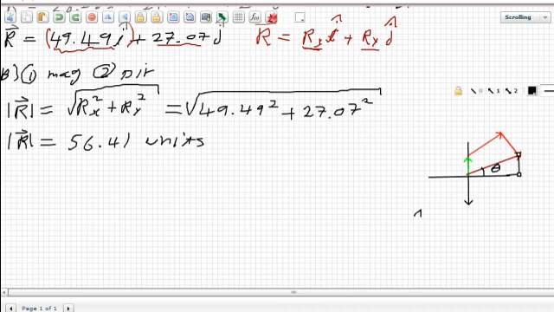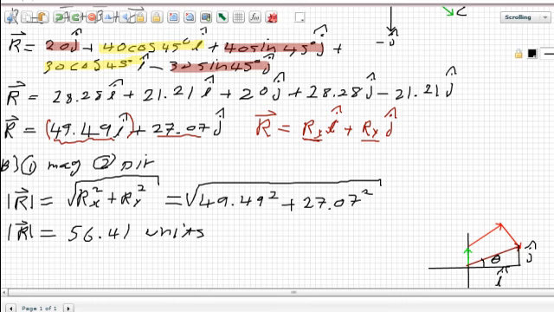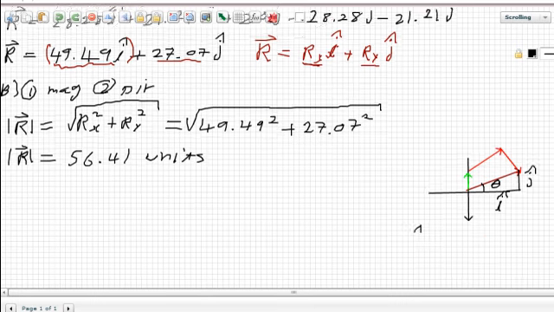Fortunately for us, we already know the j component and the i component of the resultant vector, and we've already figured that out over here. So we know what the components are that make it up.